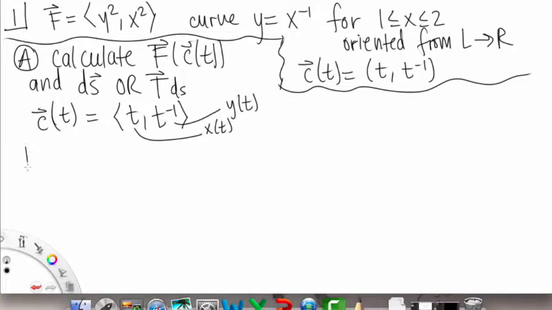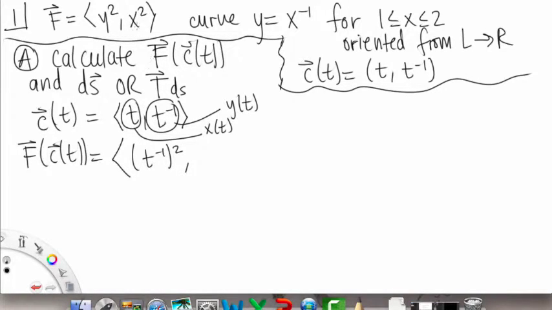So f of c of t: we plug in t to the negative 1 wherever we see a y, so that's t to the negative 1 squared, and we plug in a t wherever we see an x, so that's t squared. This gives us t to the negative 2 comma t squared. That is our f of c of t.